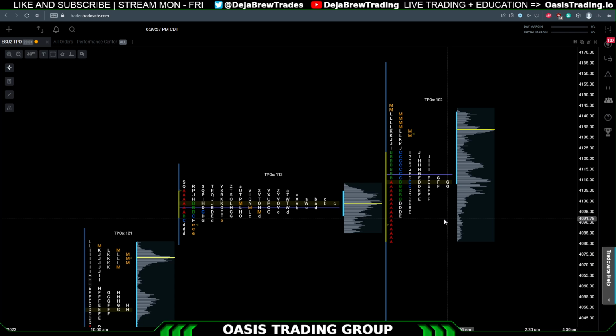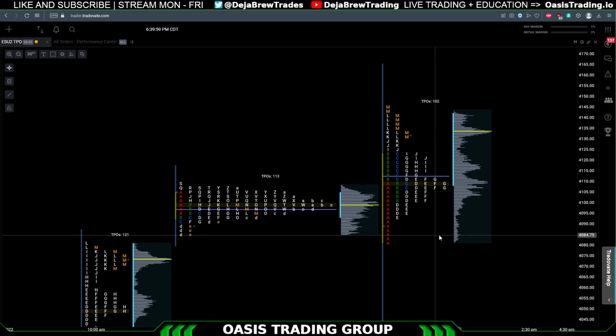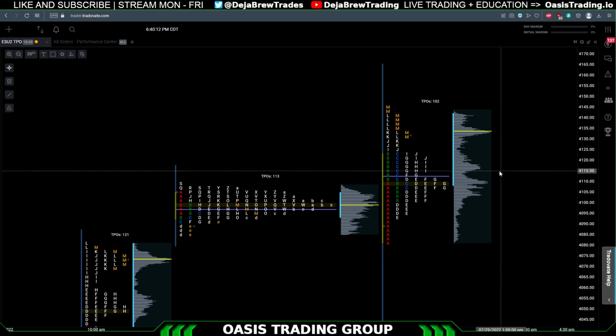Okay, let me say that one more time just to make it a little clean here. So if you start to single print away from the initial balance high or through the initial balance low and you do not retrace, then you want to look for the extension targets.